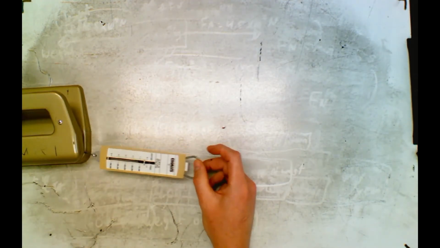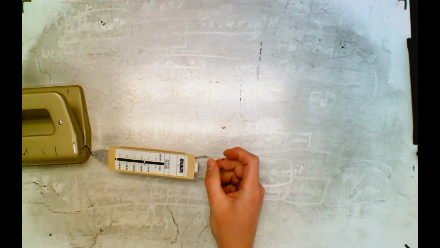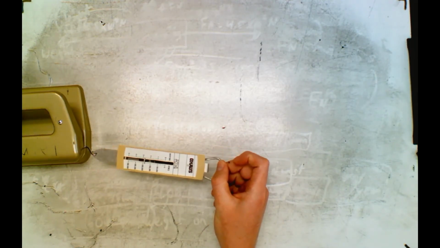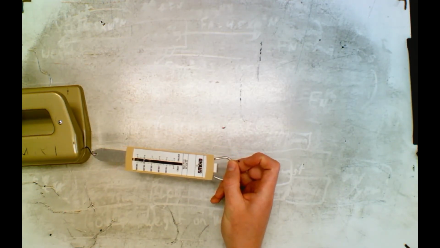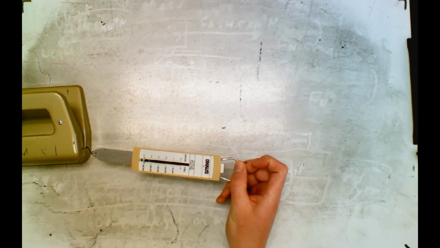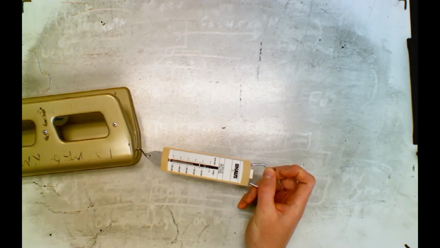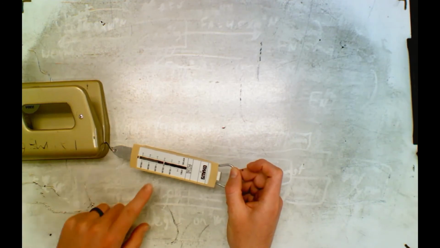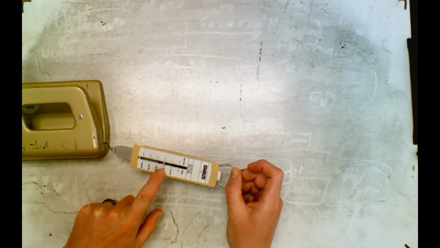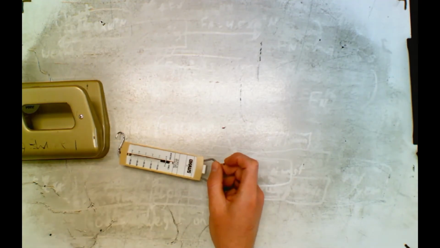So right now it's stationary, right? So the force of friction is holding it in place, but at a certain amount of force, the force applied is going to become too big, and then it starts to move. So what I want you to notice is what happens to this reading once it starts moving.